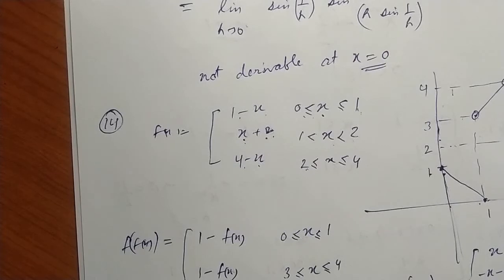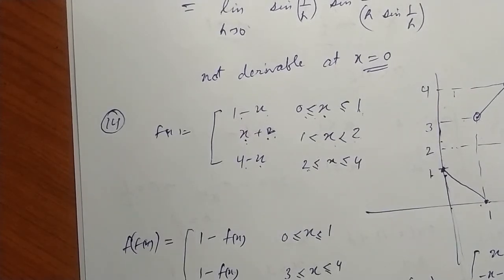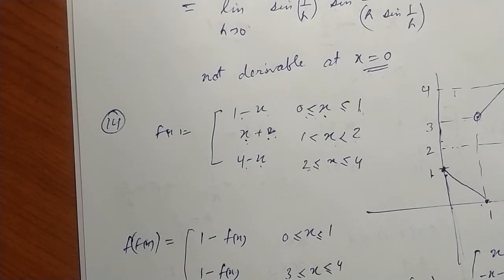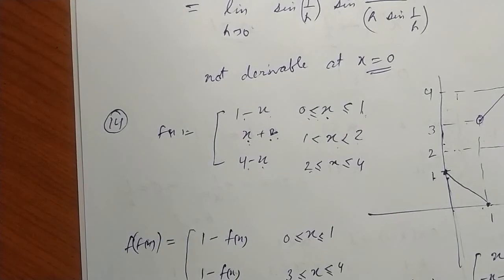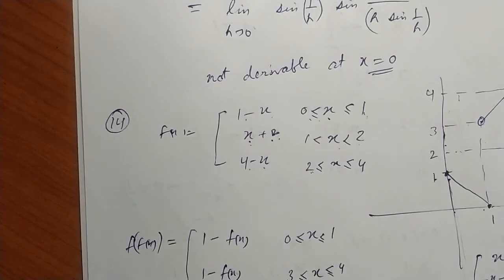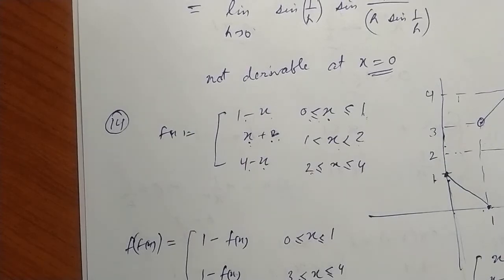So this comes out to be x at x is equal to 2, minus x plus 6 when x is between 2 and 3, and x minus 3 when x is between 3 and 4.